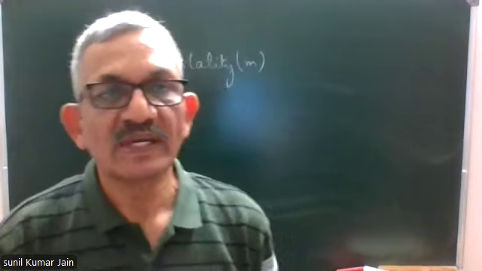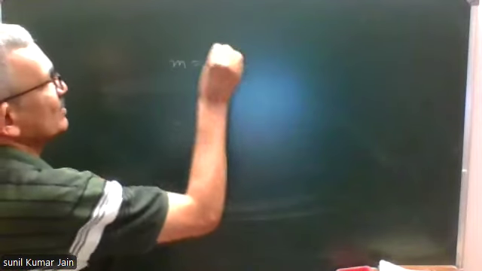It is the number of moles of solute dissolved in 1 kilogram of the solvent. Dissolved in 1 kg of the solvent. Note down the formula. Formula is molality is equal to.